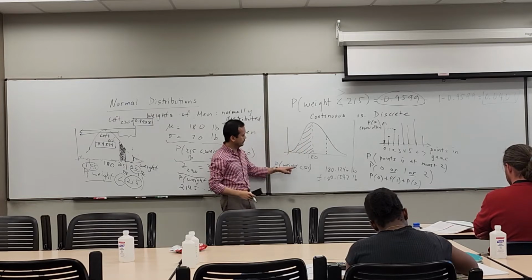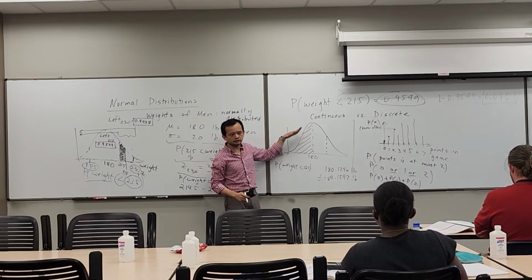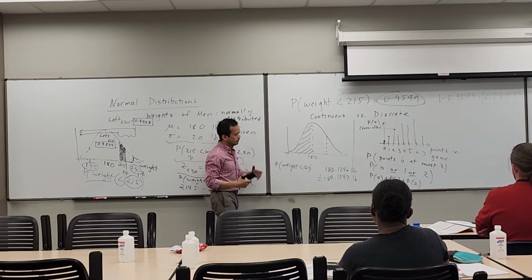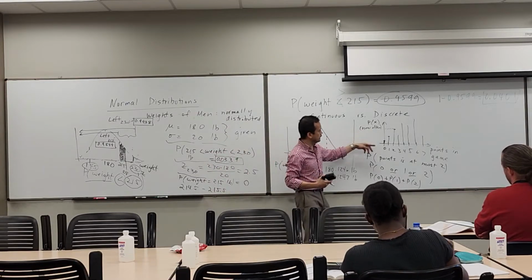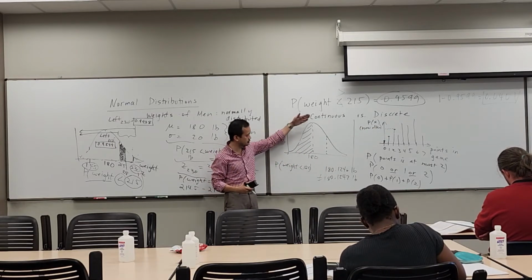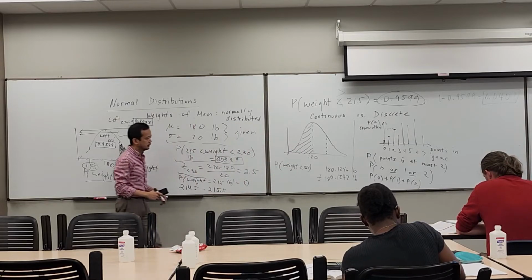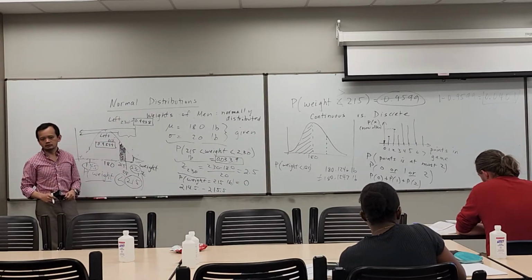The weight being less than 180 means you're finding the area of this region, that's the left tail. So to find probability in a discrete distribution, add up the heights of the bars. To find probability in a continuous distribution, find relevant areas. Okay, any questions?